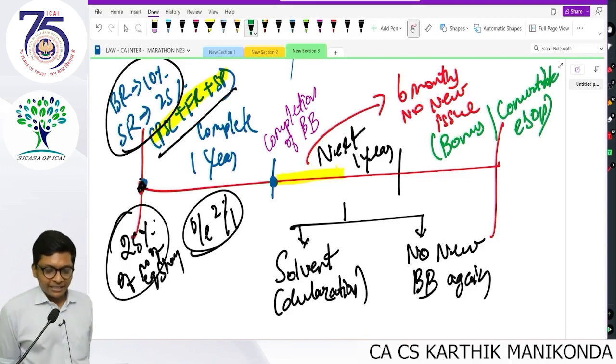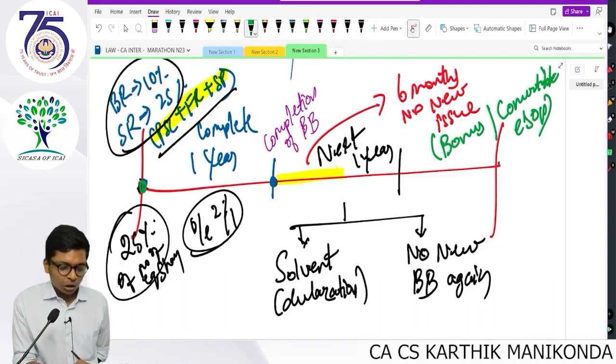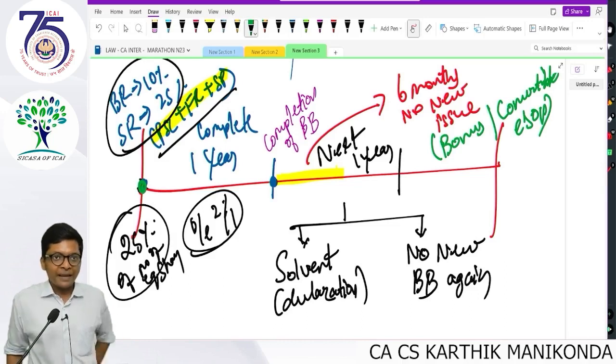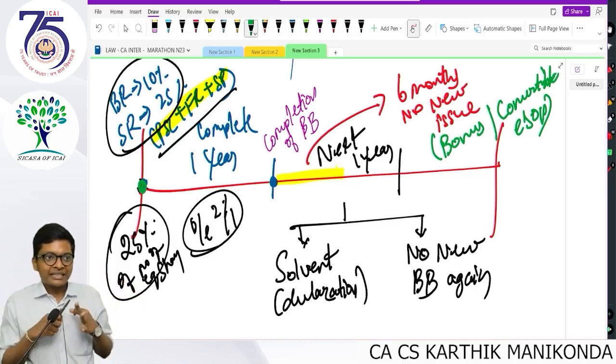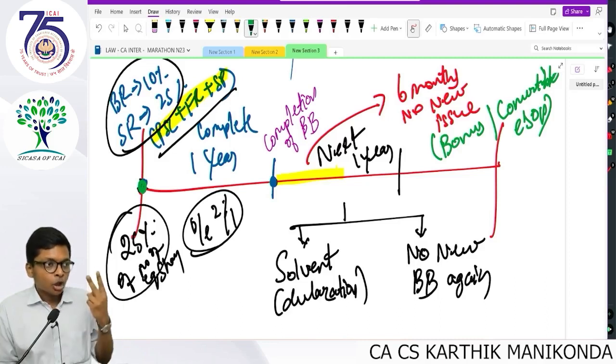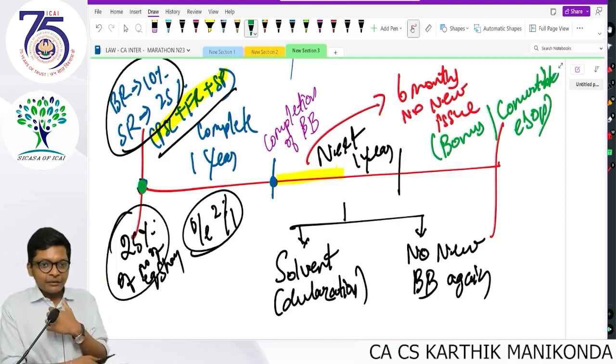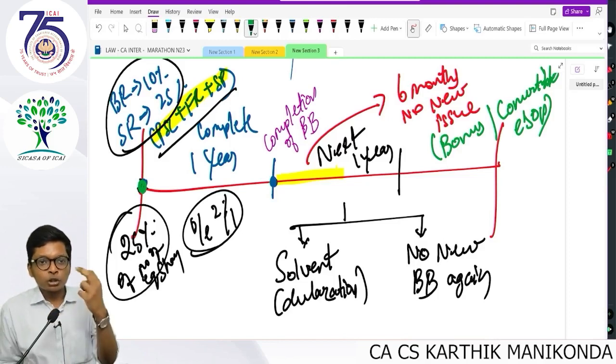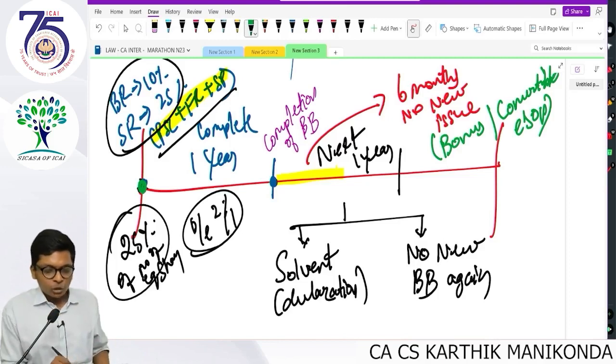So let me repeat again, guys. Once buyback is announced, how to announce buyback? Check for 3 conditions. 10% board resolution, 25% special resolution. Number of shares that you can buy back, maximum 25%. Debt equity ratio post buyback is 2:1. Once buyback is announced, complete within 1 year.